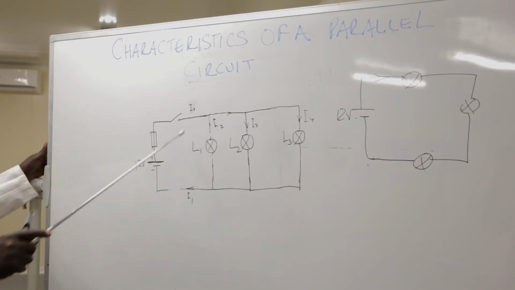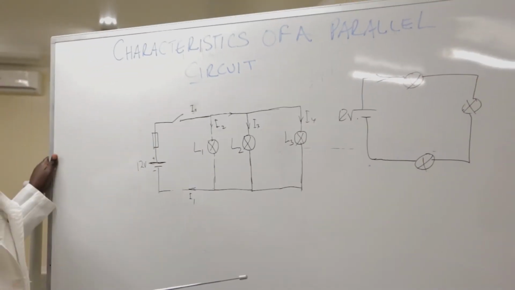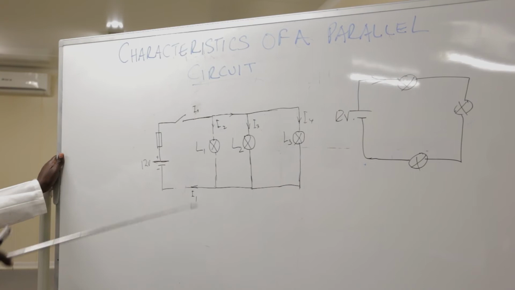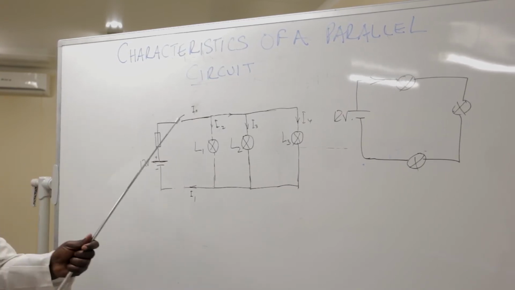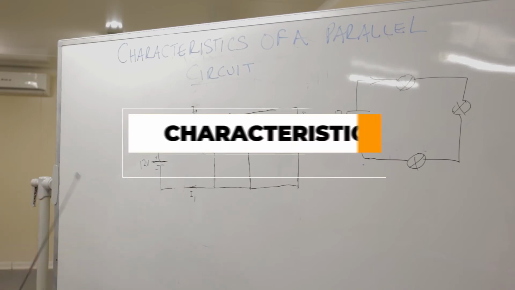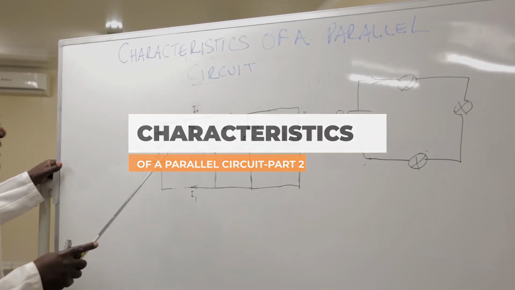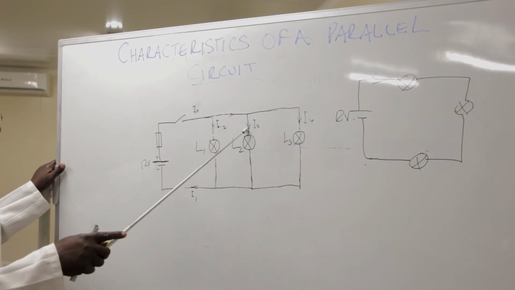Is it understood? In the series circuit, the current was the same and the voltage was shared. Here, the voltage in each branch is the same, but the current is different, depending on the resistance of that particular load. So the current which is entering these branches should be equal to the sum of those.